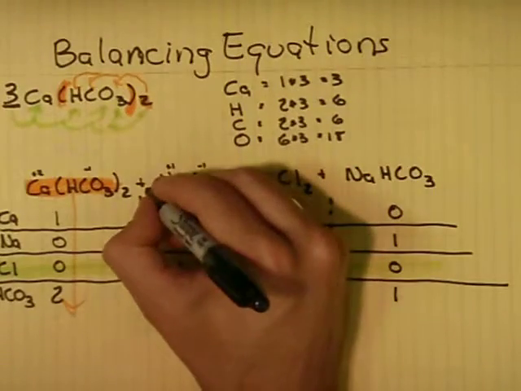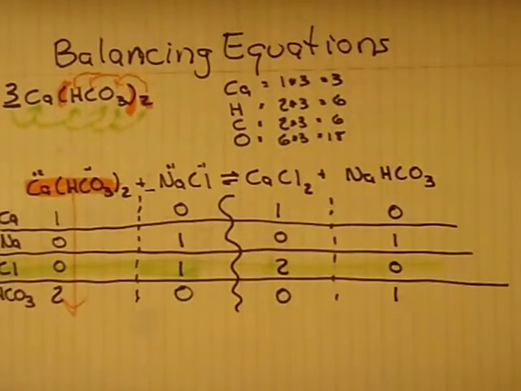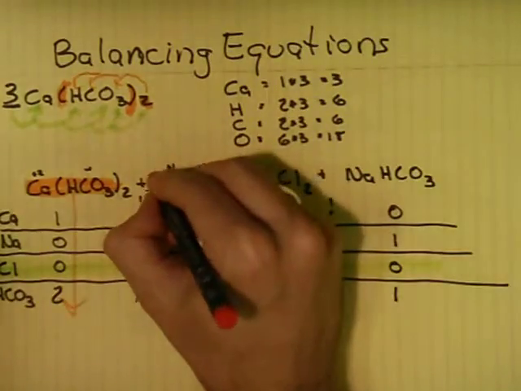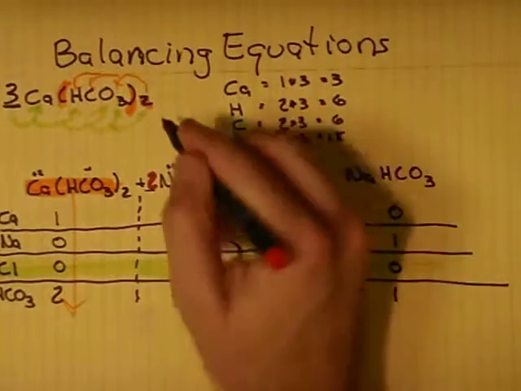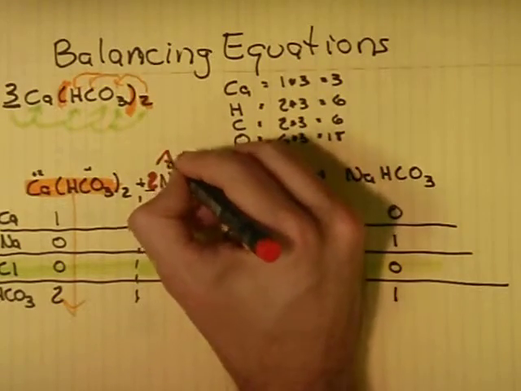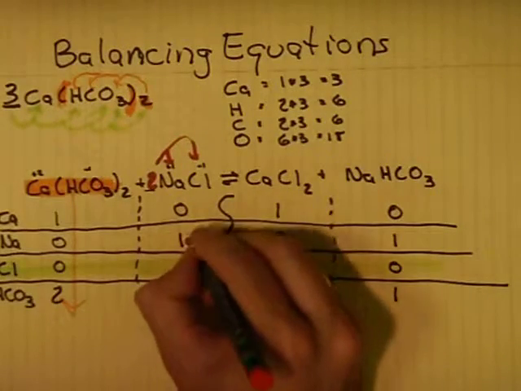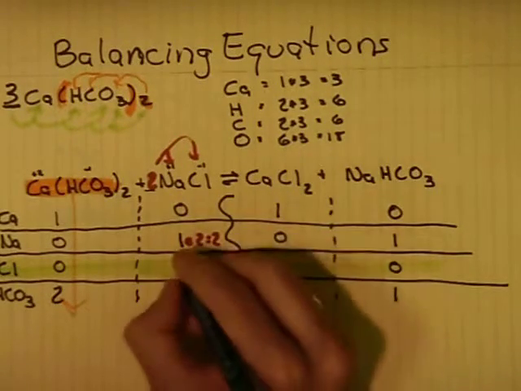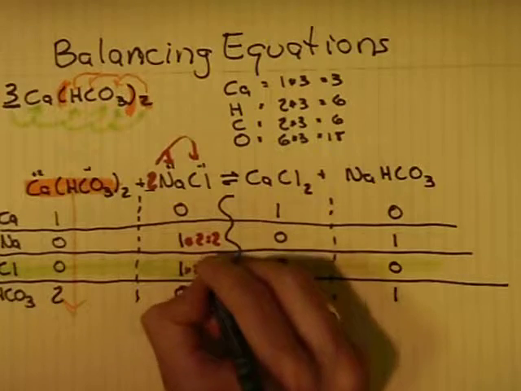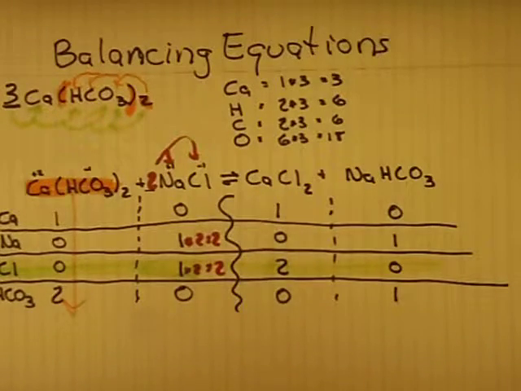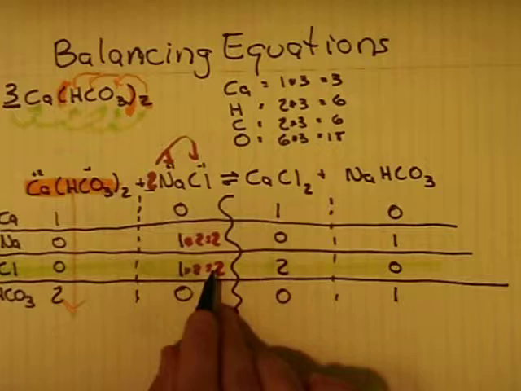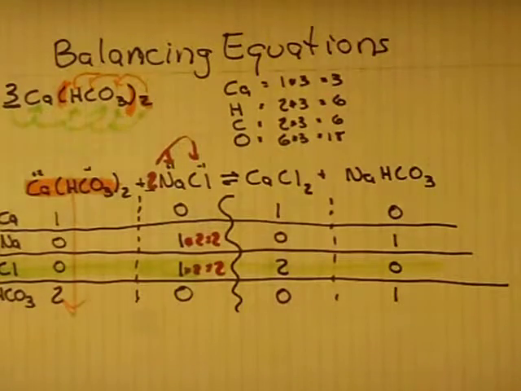Well, if we put a 2 here, then remember that everything here gets multiplied by 2, and that gets multiplied by 2. So times 2 equals 2, times 2 equals 2. So now, chloride, we've got 2 on the left side and 2 on the right side.